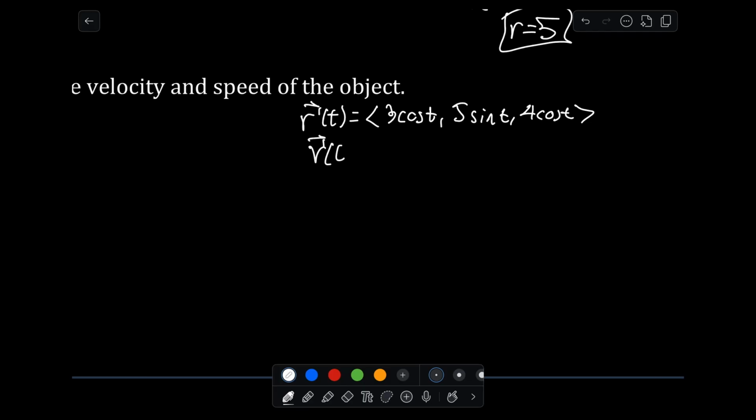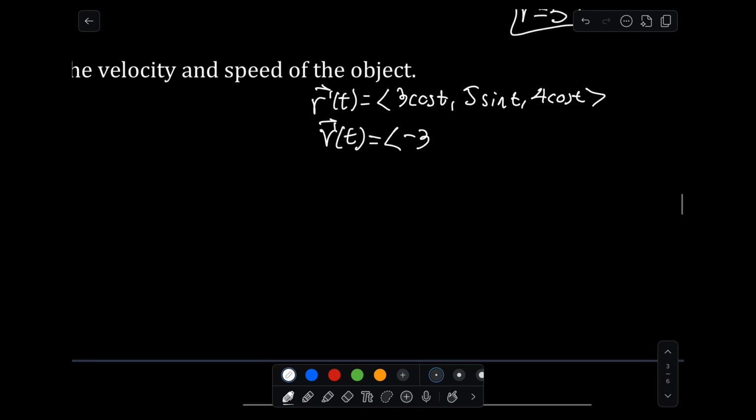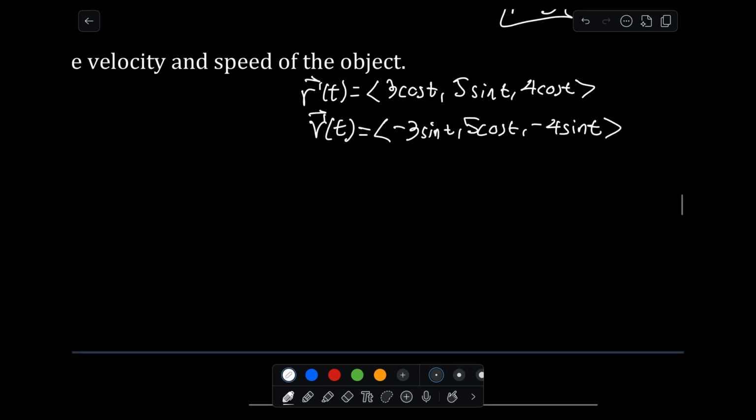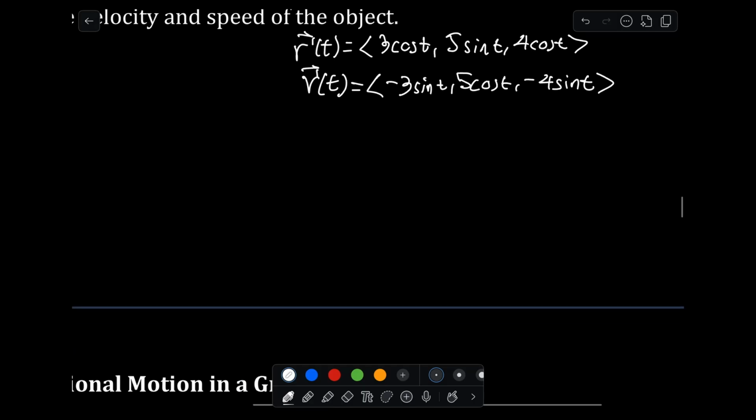We can just write it like that. And at this point, these are pretty simple trigonometric derivatives, so I'm just going kind of quickly. And this is what our velocity vector would look like, and this is also going to be orthogonal to our position vector.